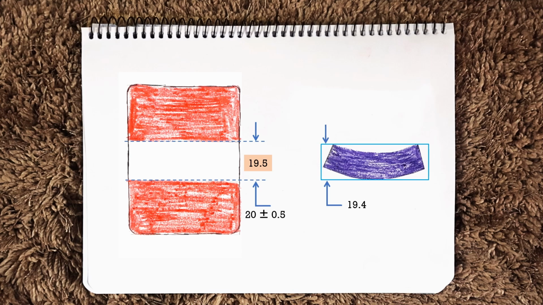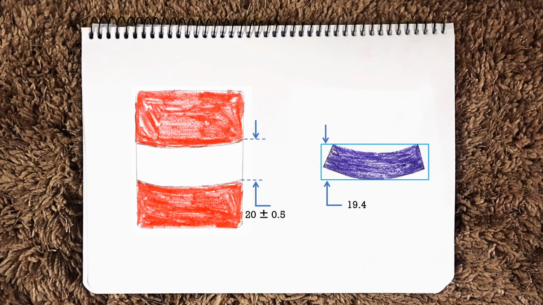Because this hole's minimum diameter is 19.5 mm, but actually this hole can also be bent or distorted, something like this, in manufacturing. So even if this shaft is under a cylindrical envelope of diameter 19.4 mm, it might not pass through this hole.